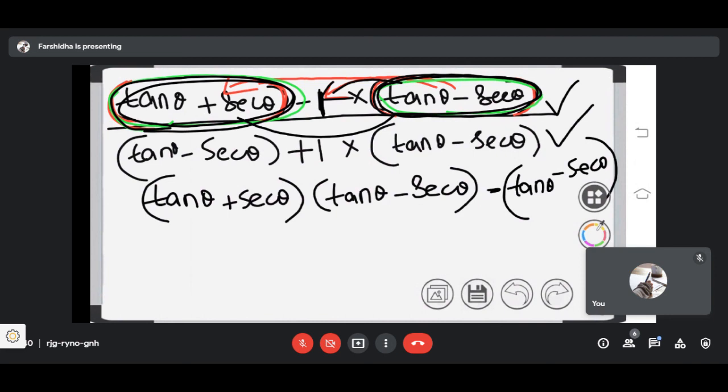Then after that, you'll multiply with the second one, that is minus 1. That you can see here. Tan theta plus sec theta into tan theta minus sec theta. After that, tan theta minus sec theta into minus 1. Into 1 means what? Same term. Anything into 1 is what? Same term. But this is minus 1. So negative into positive will become negative. So you can see here I have put the negative sign. Minus tan theta minus sec theta.